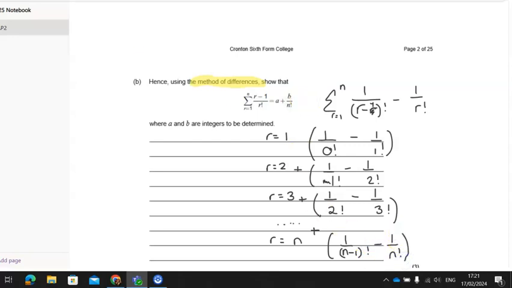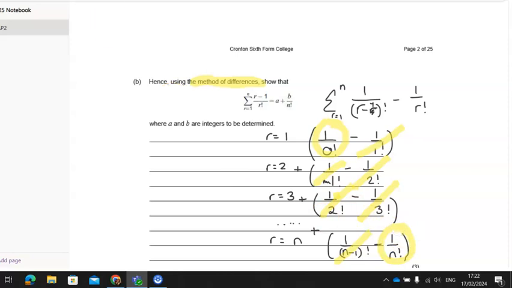And if you remember this from when we originally did it, you can see that these terms are going to cancel out. We're taking away 1 over 1 factorial here, but then we're introducing it again there, so that balances out with that one. That minus 1 over 2 factorial plus 1 over 2 factorial goes away, and that pattern will carry on all the way down until you're just left with that term there and that term there.